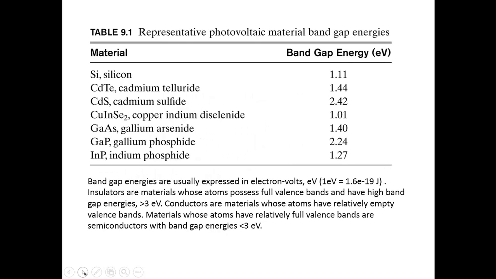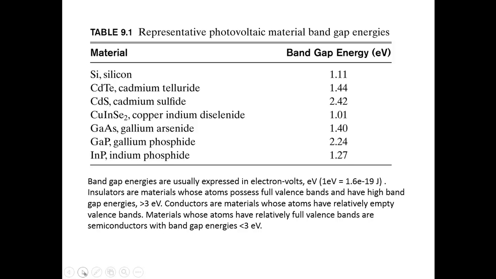Band gap energies are usually expressed in electron volts. So insulators are materials whose atoms possess full valence bands and have high band gap energies. Conductors are materials whose atoms have relatively empty valence bands. And materials whose atoms have relatively full valence bands are semiconductors, with band gap energies less than 3 electron volts.